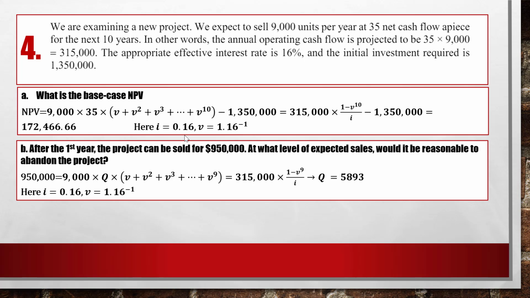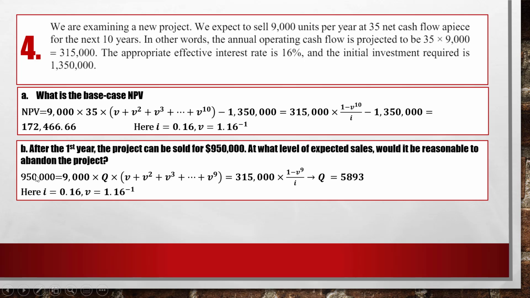So at time 1, we can sell it for $950,000, right? So the cash inflows from time 1 to time 10 should be 9,000 times Q. And because we are considering time 1, the present value of the next 9,000 times Q at time 2 should be 9,000 times Q times V, and so on to V to the 9 instead of 10, because we are considering time 1, not time 0.